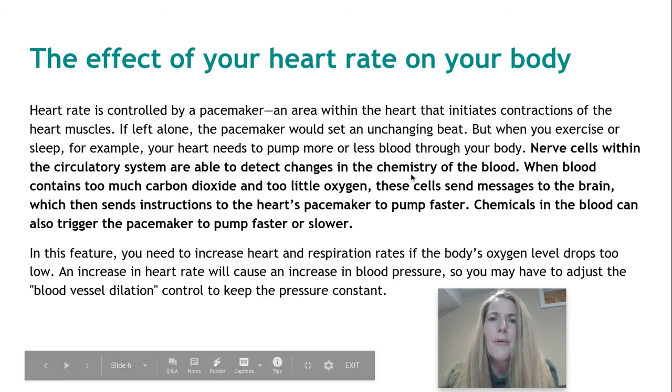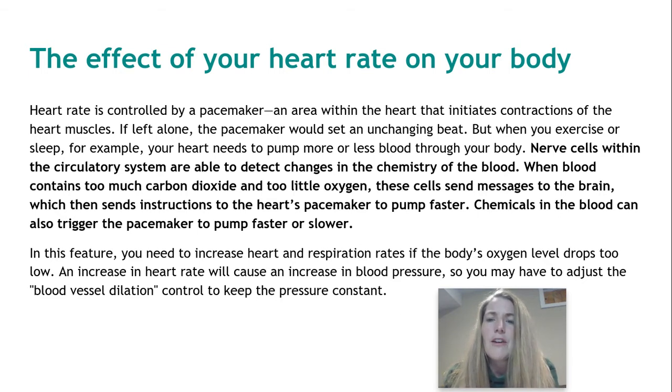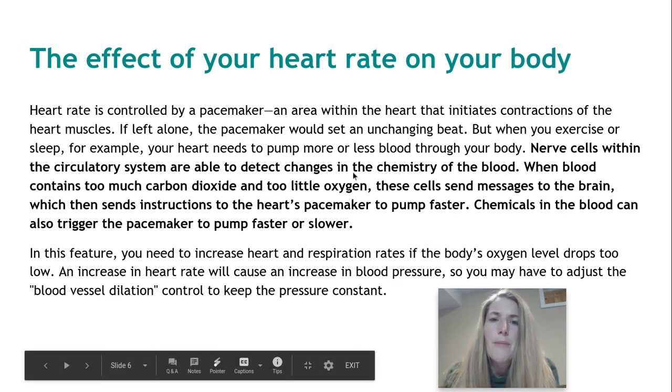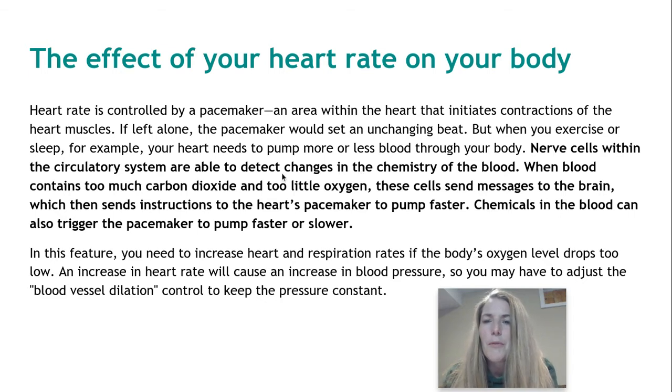When you start running, your heart rate is obviously going to go up. Well, why does it go up? It's because it's controlled by a pacemaker, which is basically these nerve cells which change the rate at which your heart beats. They change that because they detect the chemistry of the blood. And this is a cool connection to something that we've done before.